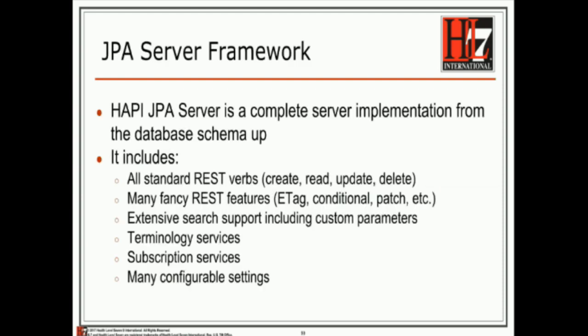The JPA framework is a complete implementation of the underlying database schema, the underlying storage modules, all of that. In other words, JPA Server is a complete FHIR server out of the box. It uses all of the same stuff. It's built on top of the rest of the HAPI FHIR framework.